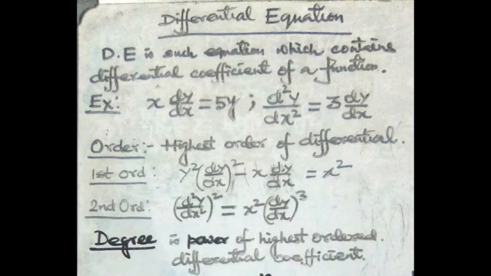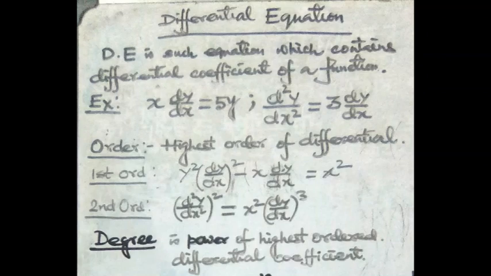So this is a first order differential equation. And in the second equation, we can find (d2y/dx2)^2 equals x^2 (dy/dx)^3. In that case, there is a second derivative. That means the d2y/dx2 term is present in this equation. So this is an example of a second order differential equation. So this is the idea of order.